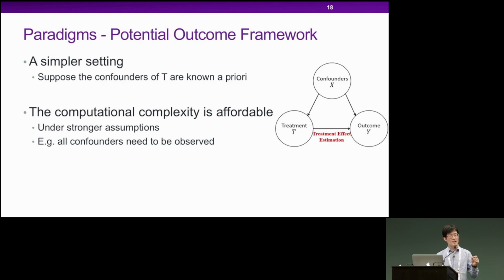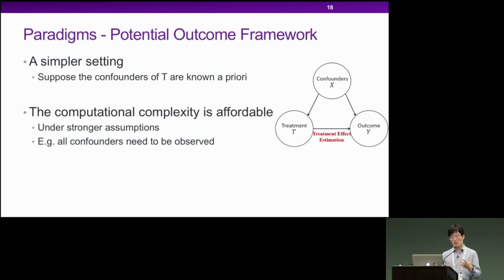We just care about the treatment effect of one targeting variable. For example, I just want to test whether a medicine is effective for one kind of disease, right? So in this sense, we suppose there is a targeting variable here that is a treatment variable, right? And also we suppose that the confounders of T are known a priori, okay?